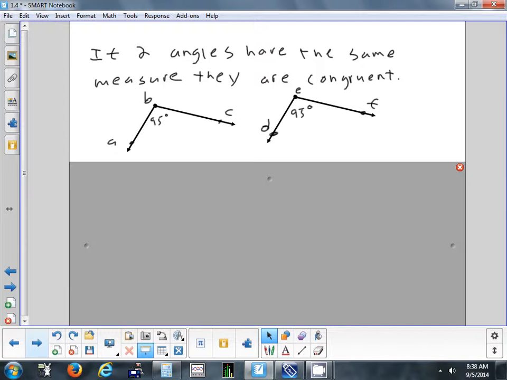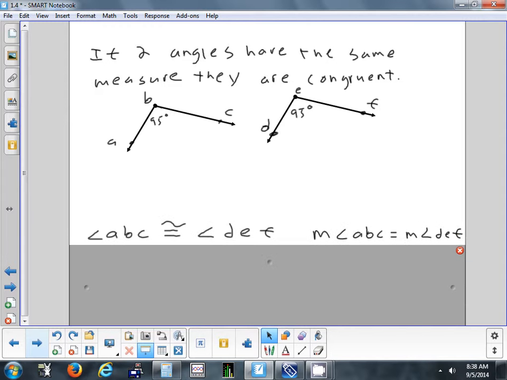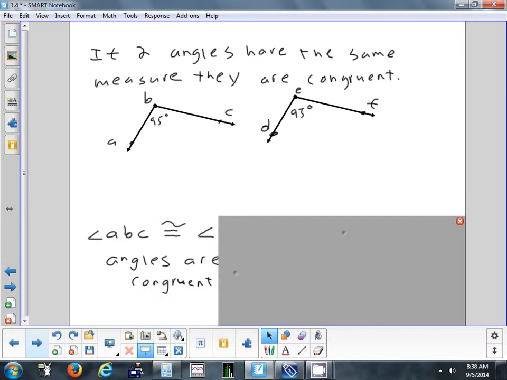Just like we did with segments, we can talk about what it means for angles to be congruent. If two angles have the same measure, then they are congruent. So in this picture, angle ABC and angle DEF both measure 95 degrees.